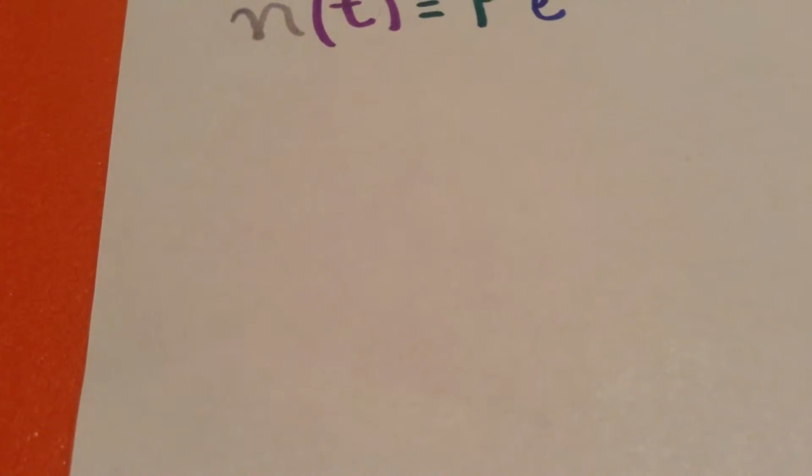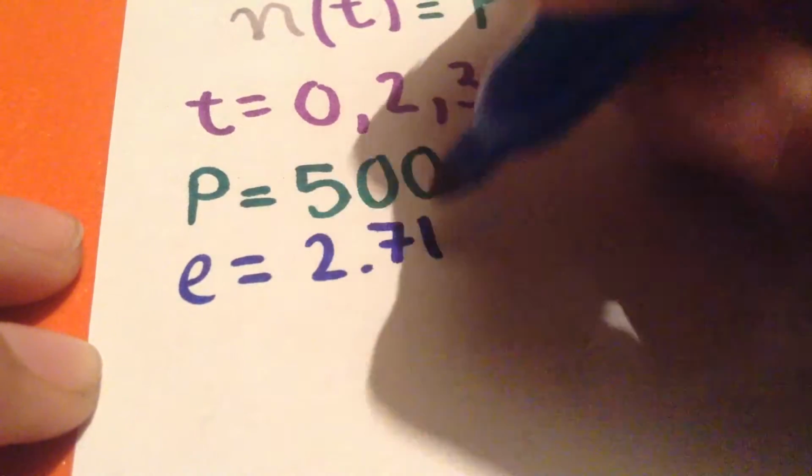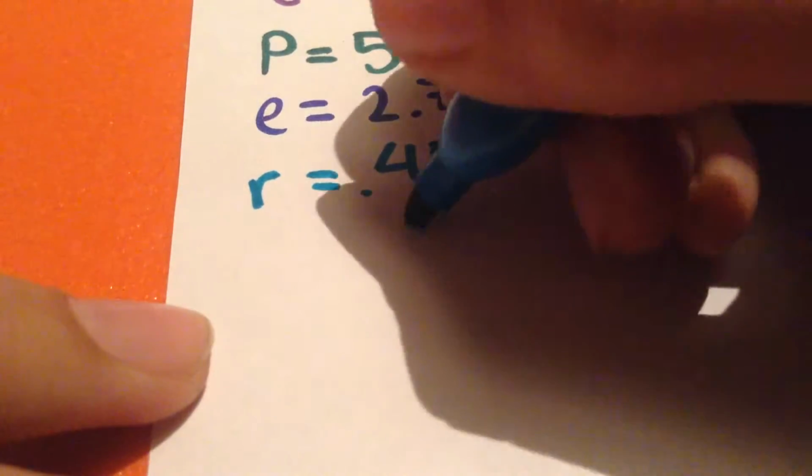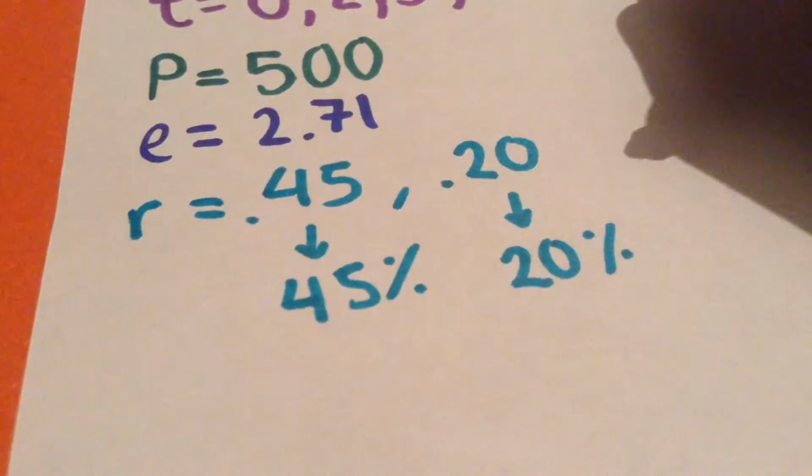We're going to change the variables to some terms, like t for 0, 2, 3, or 5, p for 500, e for 2.71, and r for 0.45 and 0.20.